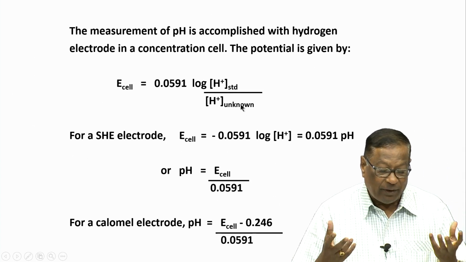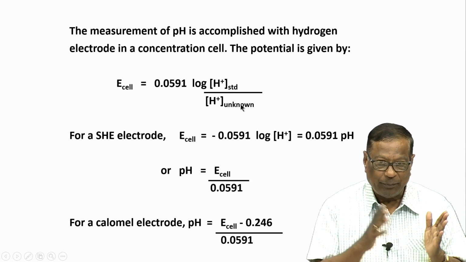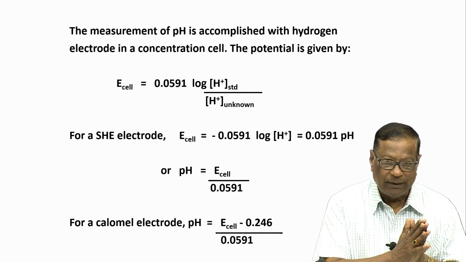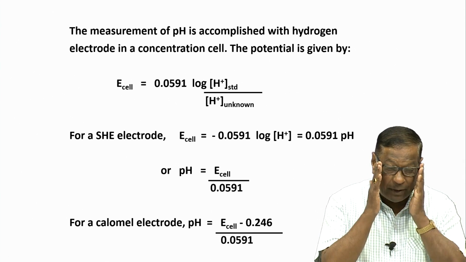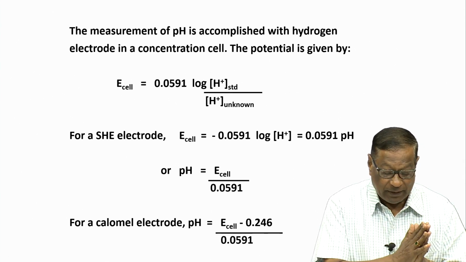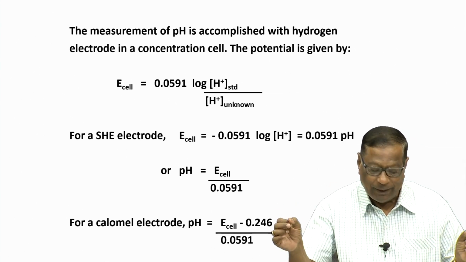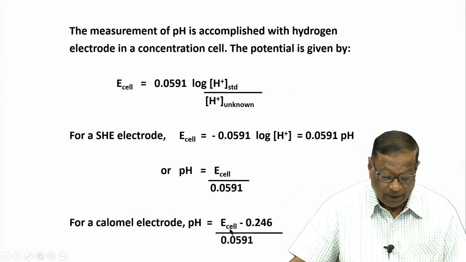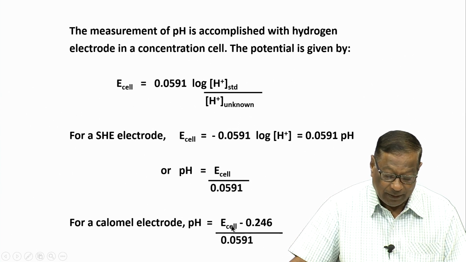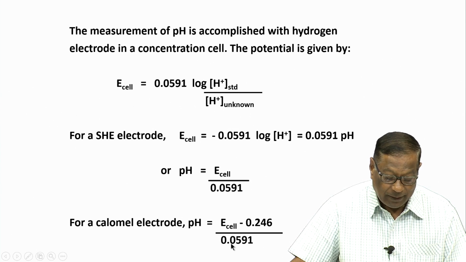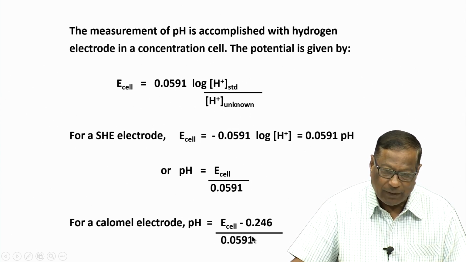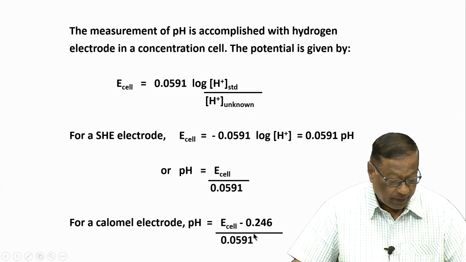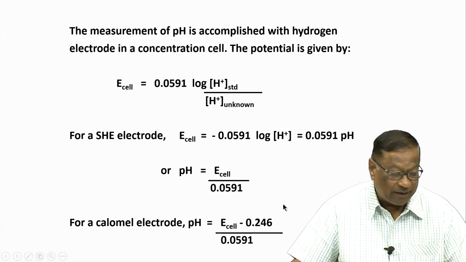So, if I have a cell of unknown hydrogen ion concentration connected to a calomel, then to define my pH, the actual E cell would be E cell minus 0.246, divided by 0.0591. I have to subtract. So, that will give me the pH.